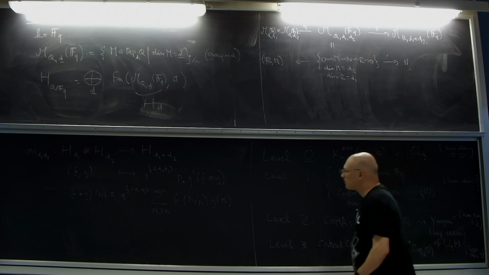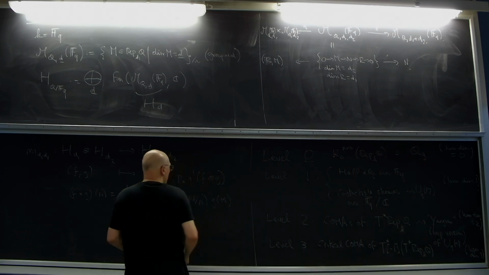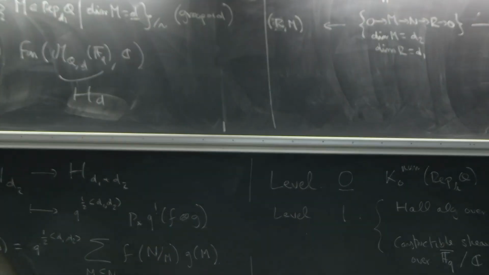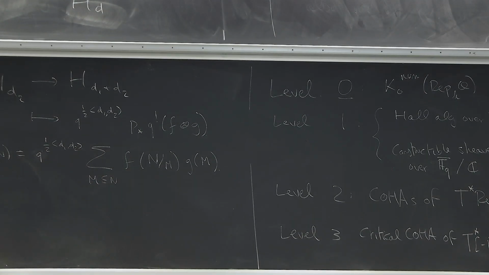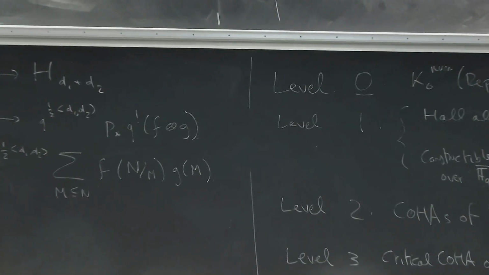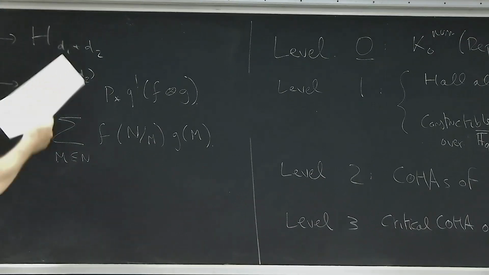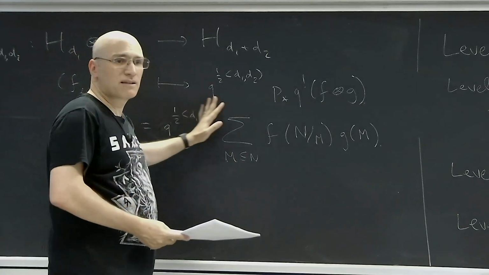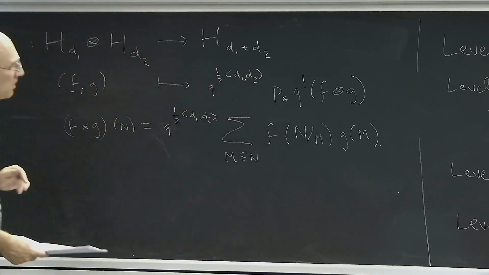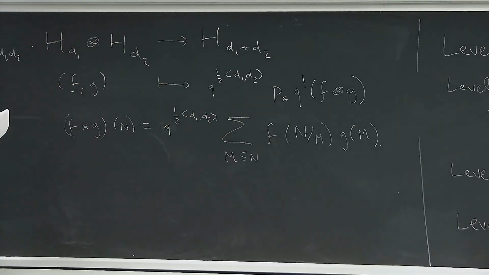So this is a neat way to encode all the extensions between the objects. That's the whole point of Hall algebras: we use this diagram to create an associative algebra which encodes extensions between objects.